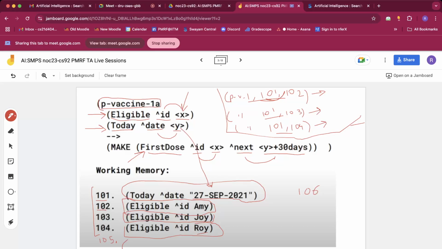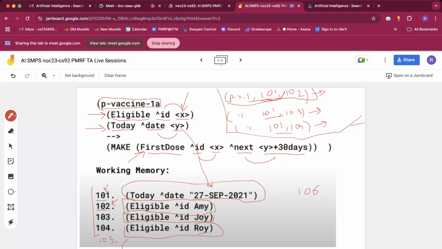Yes, so let's say you... Yes, it will be like that. Suppose our conflict resolution strategy told us that we will use 101 and 102 to fire our rule.